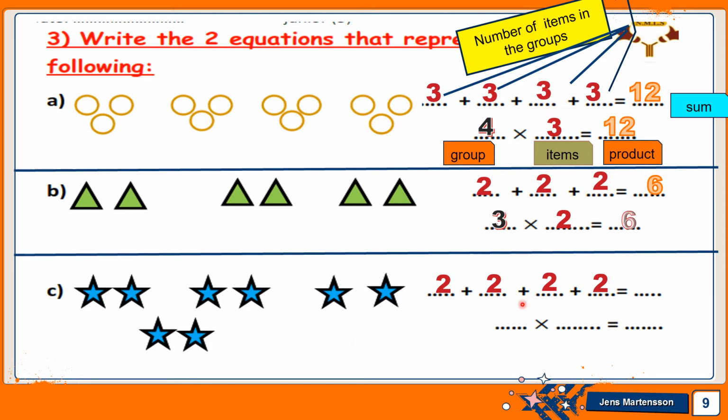So the total number here is what? 2 plus 2 plus 2 plus 2 equal 8. Super. Can we write it as a multiplication equation? Yes. Here we have 4 groups of 2. And the product is what also? 8.